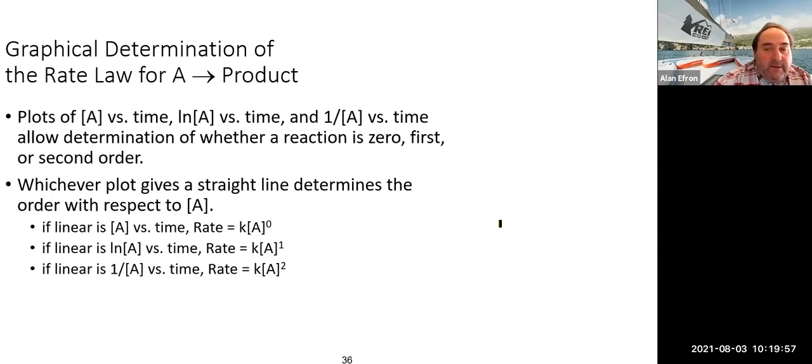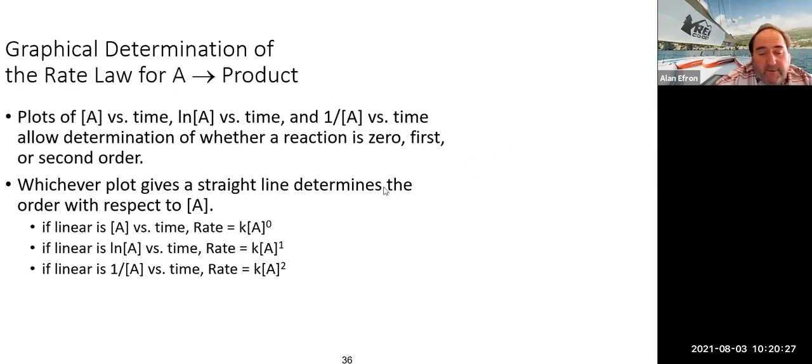Now, we talked about those graphs, and another very common kinetics experiment that's done is to try to determine really what the order of a particular reaction is. And one way that you could do that is you could run the experiment, gain all your information, and then you can do all three of those graphs that we talked about.